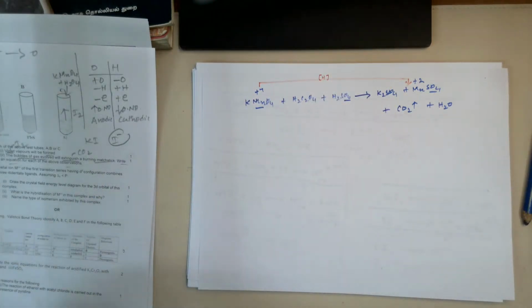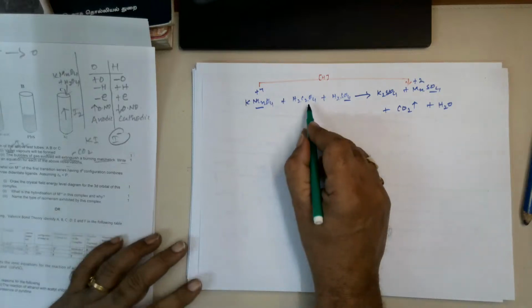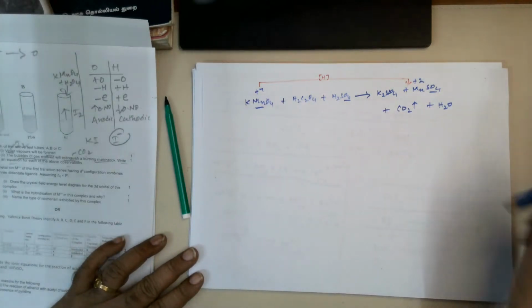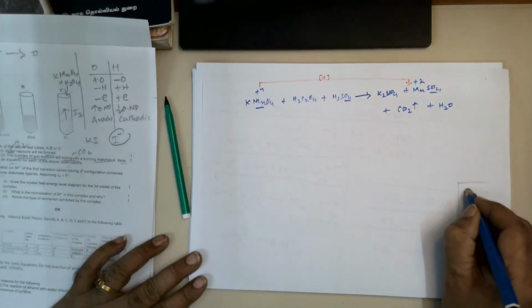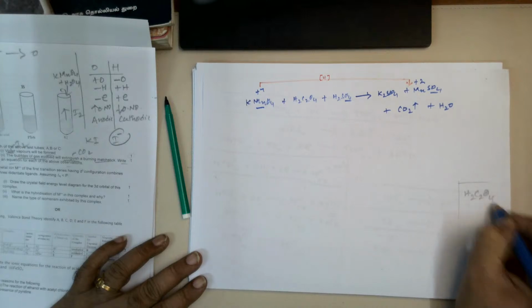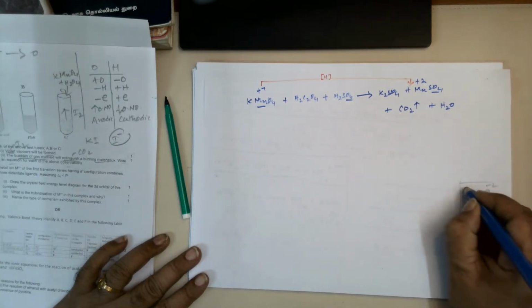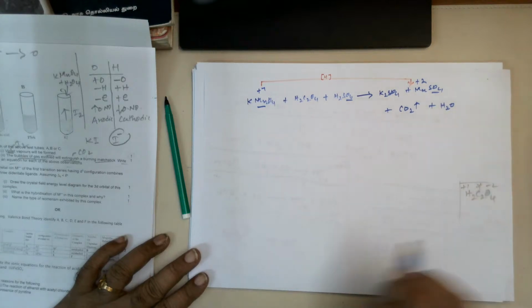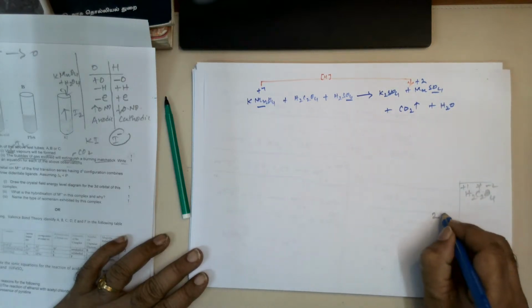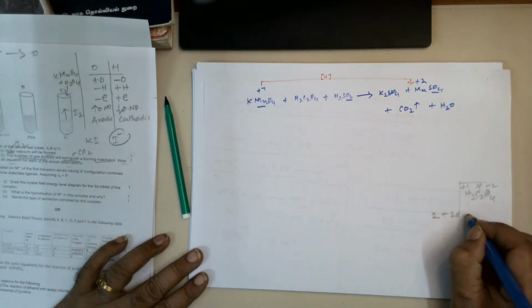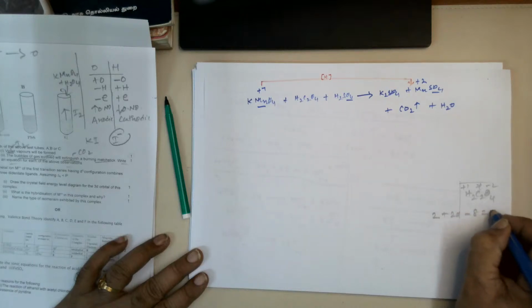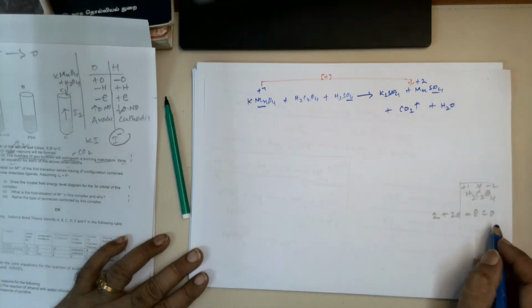And what about oxalic acid? You can work out the oxalic acid roughly. H2C2O4 is the oxalic acid. Now this is -2, this is +1. Put x for this. So 2 plus 2x minus 8 is equal to 0. The net oxidation state is 0, right?